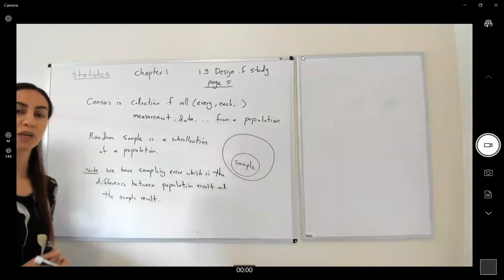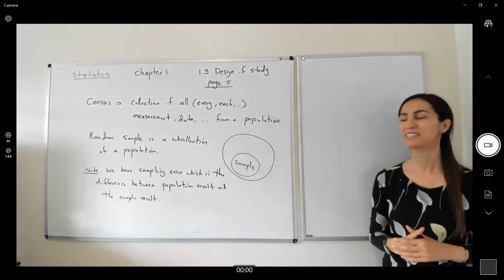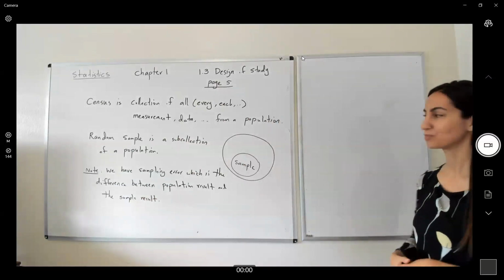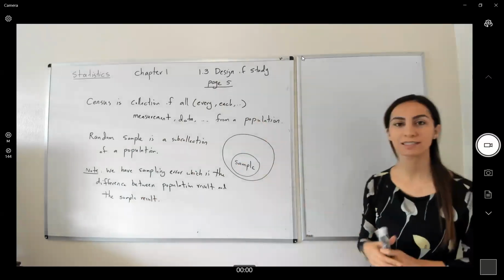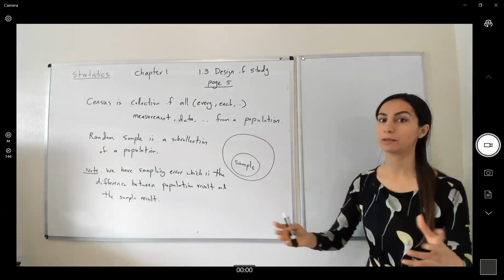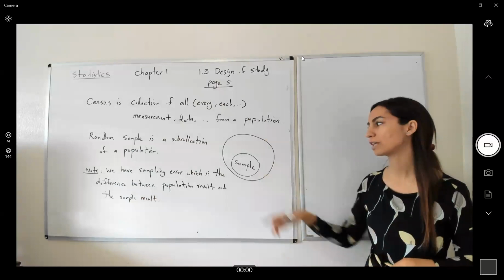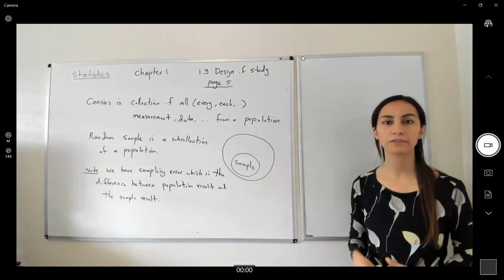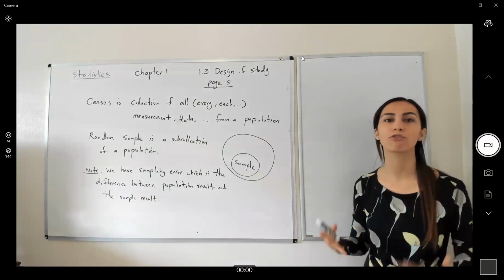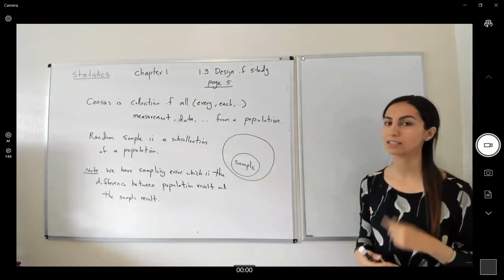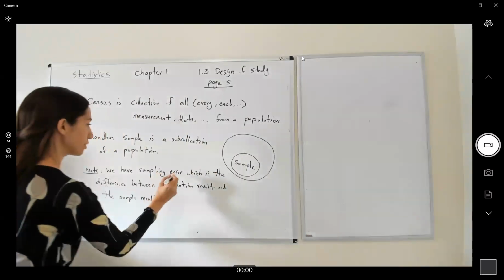For example, you want to know what's the mean or average housing prices in California. Then you take a small sample in the Bay Area, and you say, hey, this is the average that I have. So the average for Bay Area must be the same as the average for California itself, but in reality, it's not the same. So we have sampling error.